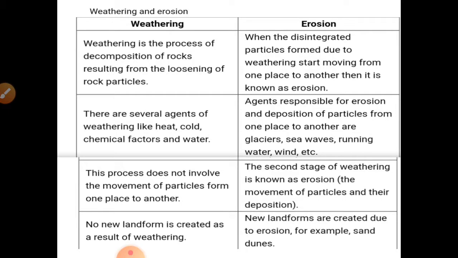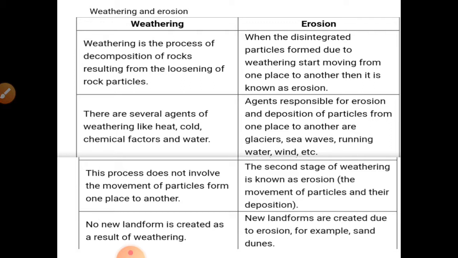So its answer will be: weathering is a process of decomposition of rocks resulting from the loosening of rock particles, while when the disintegrated particles formed due to weathering start moving from one place to another, then it is known as erosion.